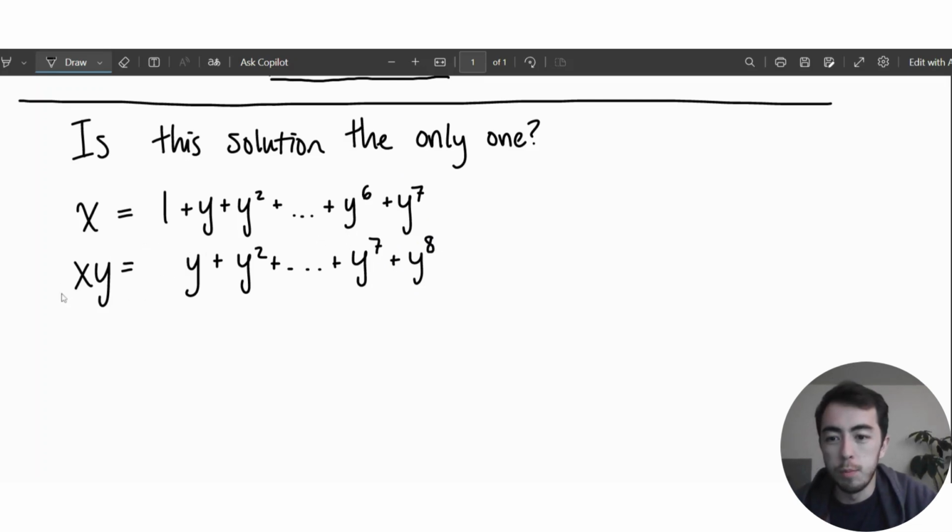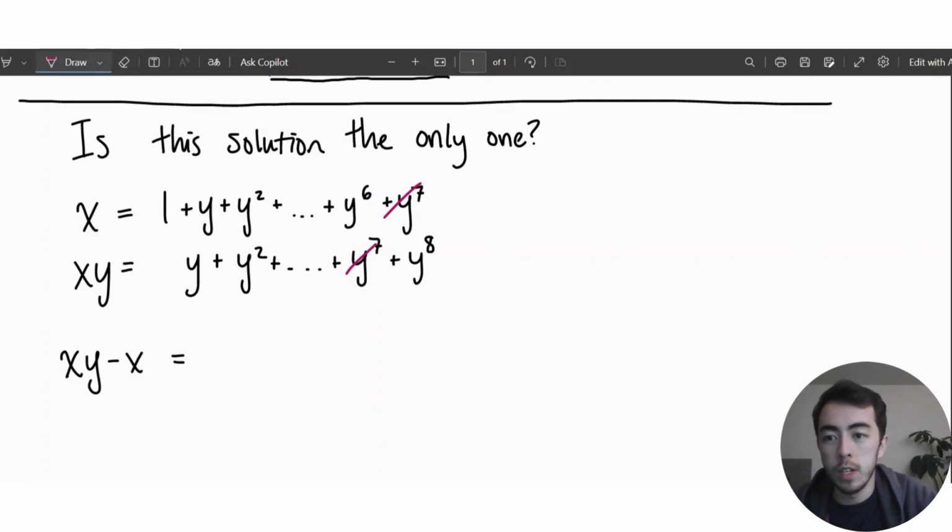If I take this bottom sum and subtract the top one, on the left side I get xy minus x. On the right, all of these terms besides just 2 are going to cancel out. This y to the 7 with the y to the 7 down here will cancel because I'll subtract this, so that minus that will be a 0.